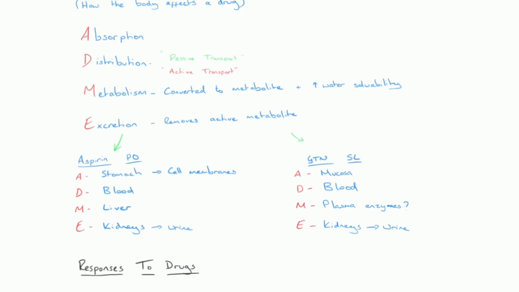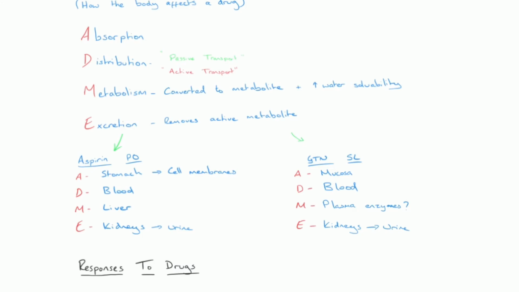Some are also metabolized in the lung, in the intestinal mucosa, and also in the actual synapses of your nervous system. So there are lots of different places drugs can be metabolized into a metabolite, into its active form. And again, it all depends on the drug and whereabouts in the body you want it to have its effect.